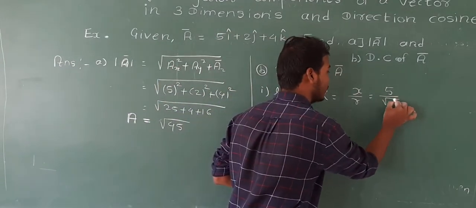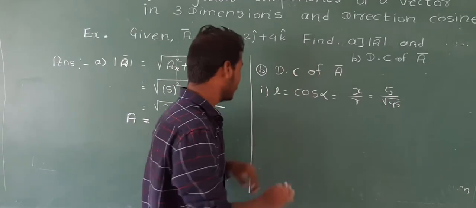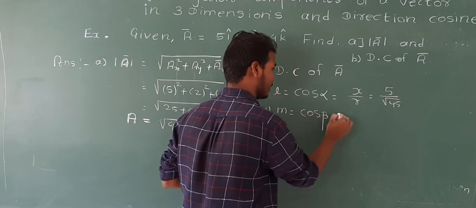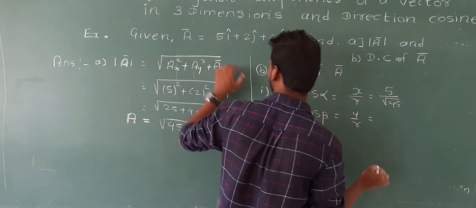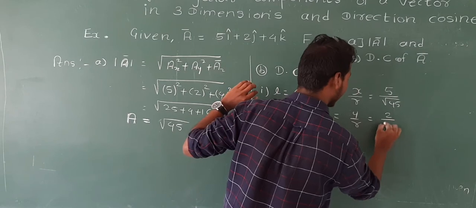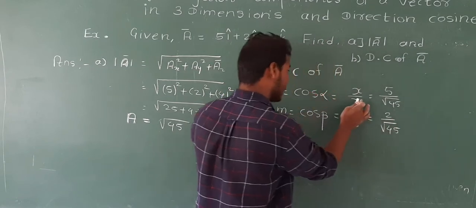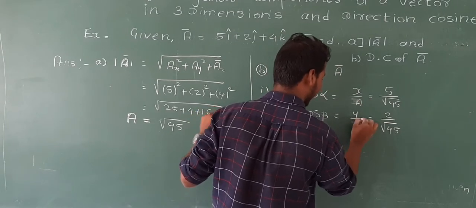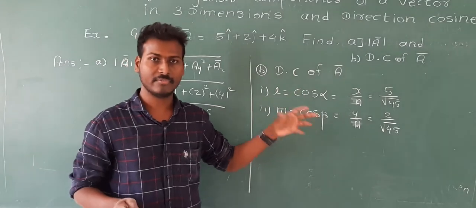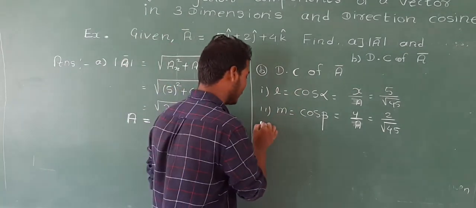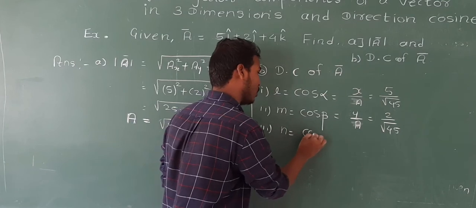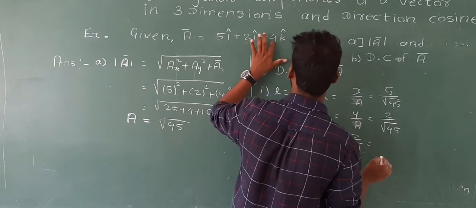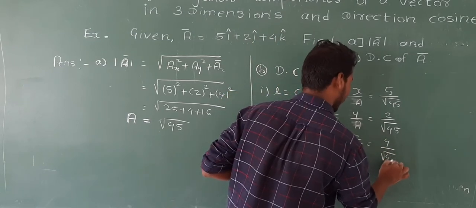So it has magnitude square root 45. Second one, m equals cos beta equals y by r; the magnitude of y is 2, divided by square root 45. You can write a here rather than r because the notation is a. And the third one, n equals cos gamma, is z by a. So z is 4, divided by square root 45.